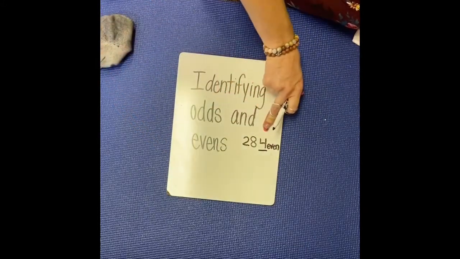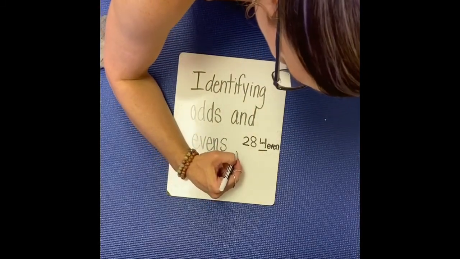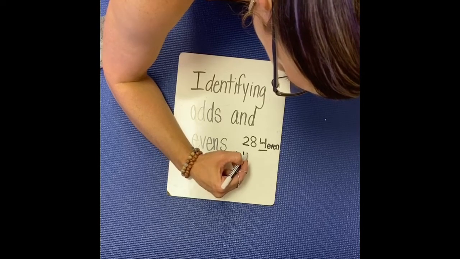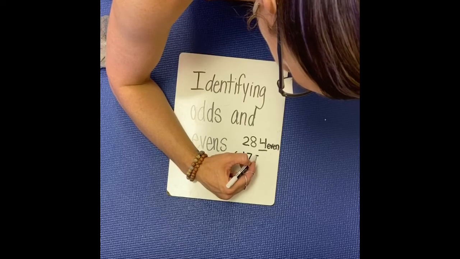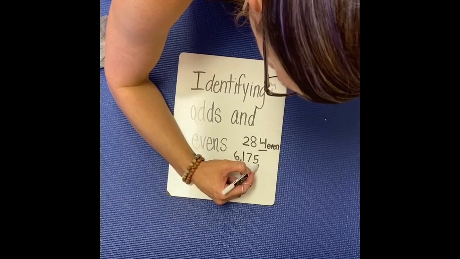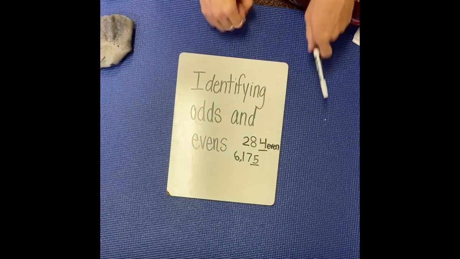Okay, I'm gonna make an even bigger number because now that I've figured out that I'm only looking at my ones place value, I want to get a little wild. I want 6,175. Yeah, look at that. I'm going to look at my ones place value. I'm going to look at my 5. And we are going to prove it.